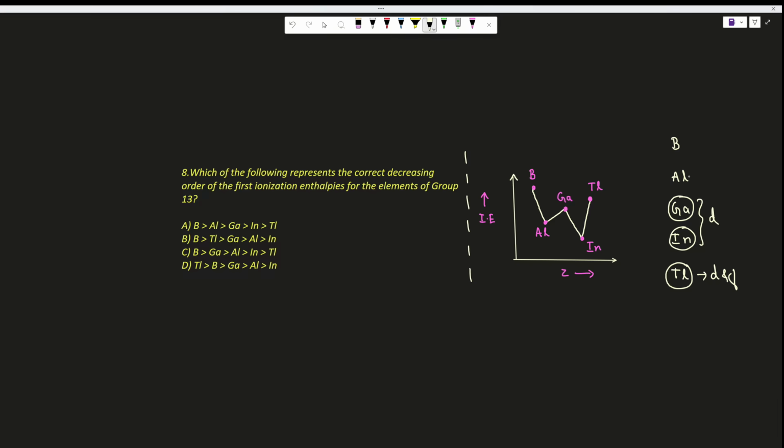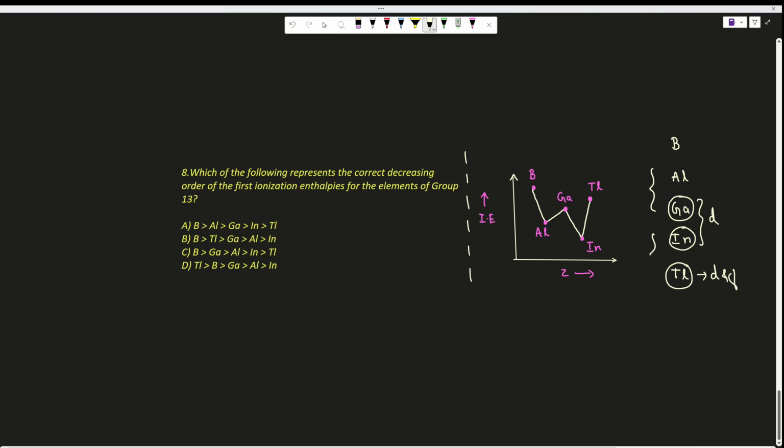Due to that poor shielding, what happens? First, from boron to aluminium, ionization energy will decrease. But then from aluminium to gallium, it will increase. Then again, from gallium to indium, it will show the normal trend. But from indium to thallium, again it will increase. So in both the cases there is an exception.